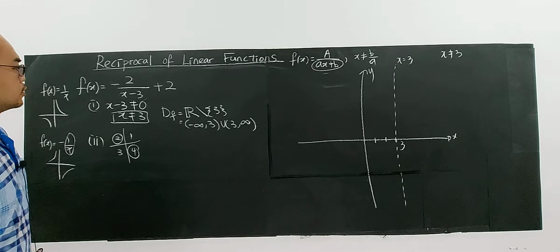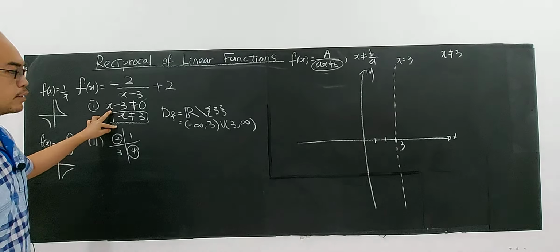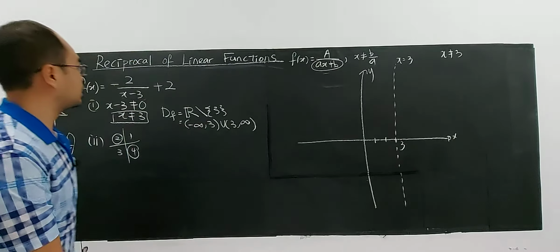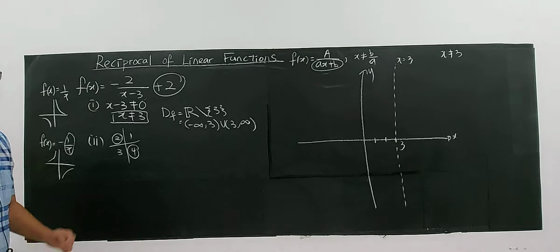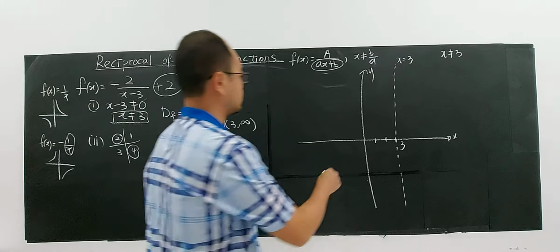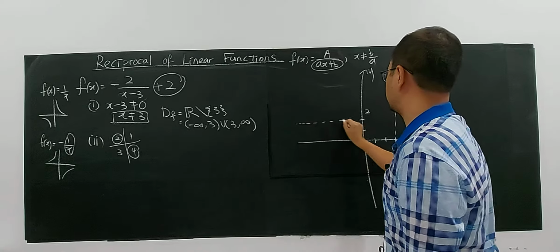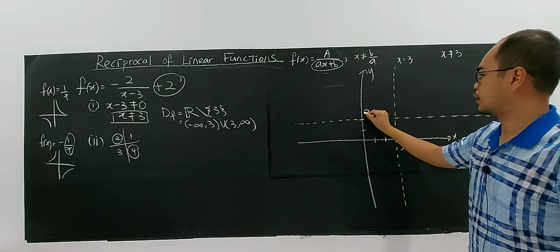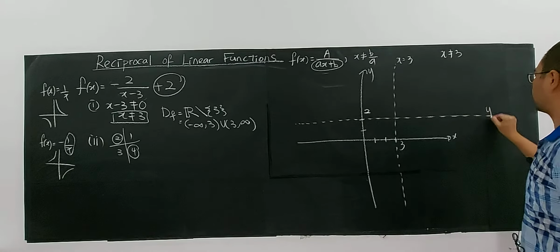So now I know that first, the domain: x shouldn't be 3, so I draw the line x equals 3. And the constant, the plus 2 here, for a reciprocal function, I'm going to make it short, refers to the horizontal asymptote, so y equals 2.